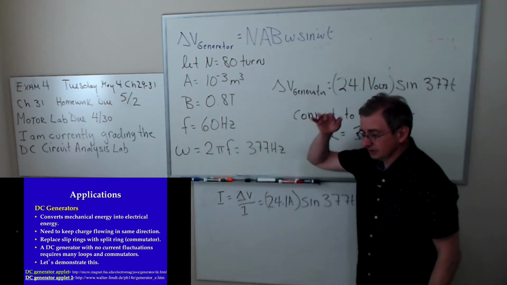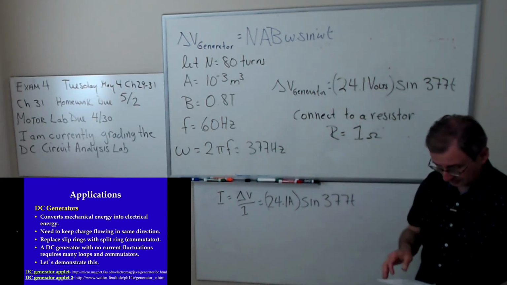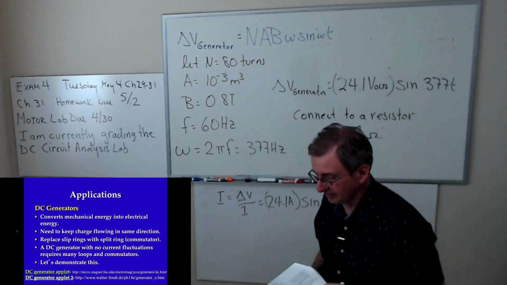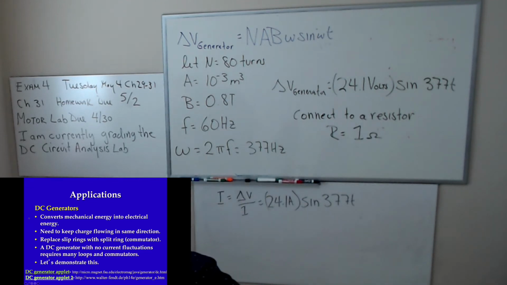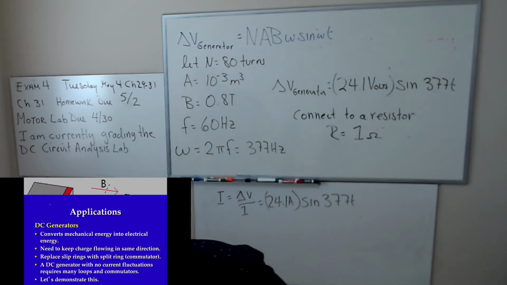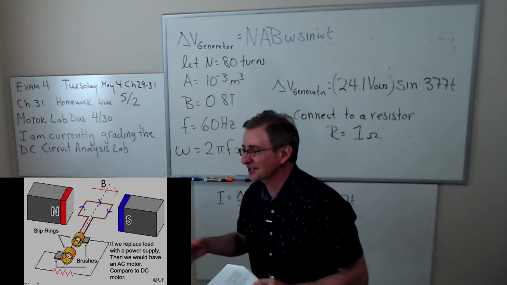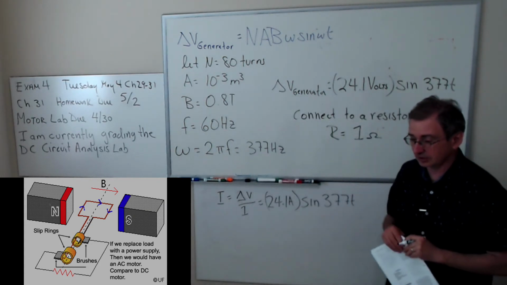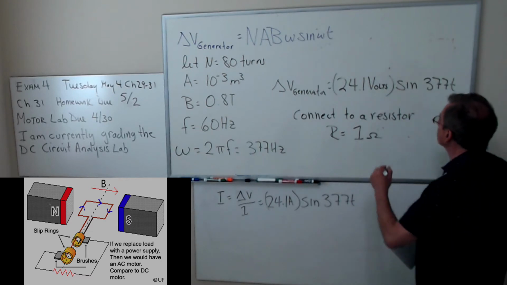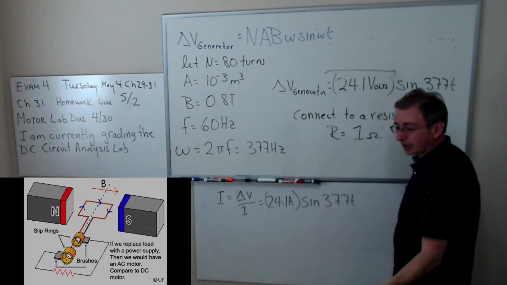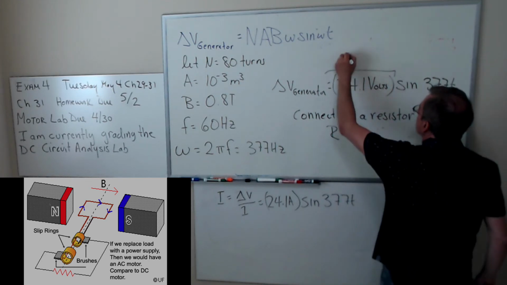Why did I choose 60 hertz? Isn't that just common on generators? That's what we get in the US, right? AC current in the US is at 60 hertz. Whatever comes out of your wall is 60 hertz. The thing that's different is this number. For most of our outlets, this number is 170.